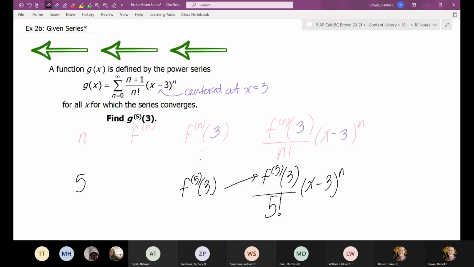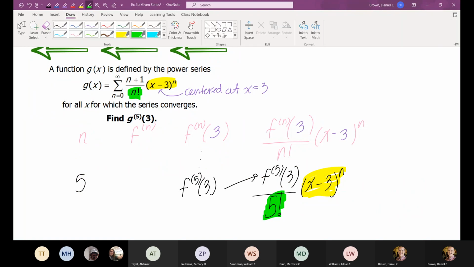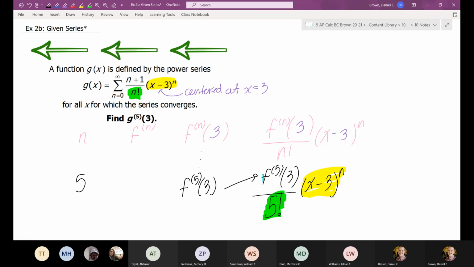Let's correspond some things like we did when we did the Big 5 series. Here's the general term. There's an x minus 3 to the n, which also showed up in the one that we're talking about. There is also an n factorial in the denominator, which also showed up in the one we're talking about. What is left over? This 5th derivative at 3 is corresponding to the n plus 1 that we see in the numerator.